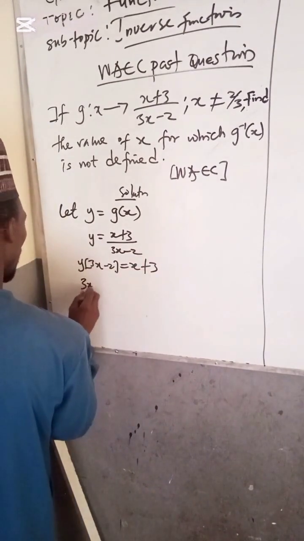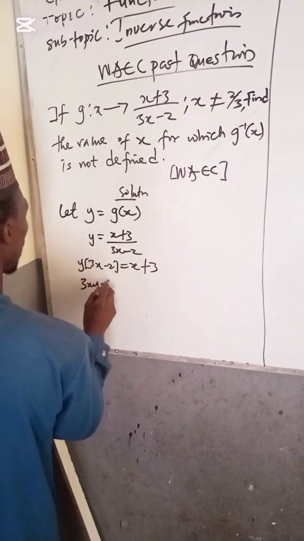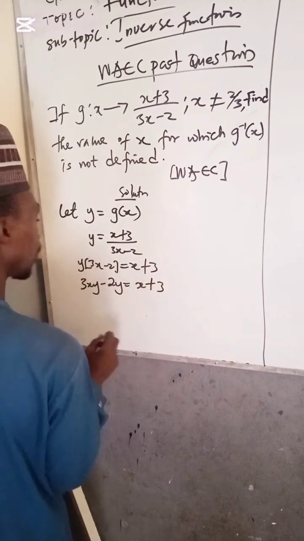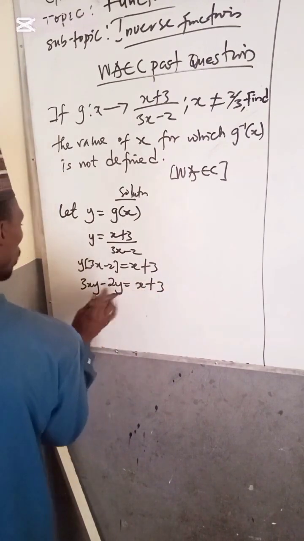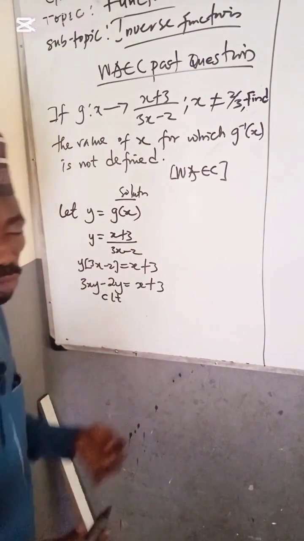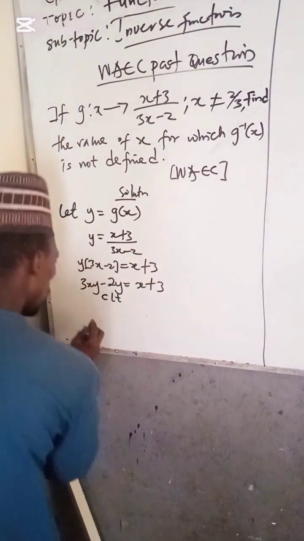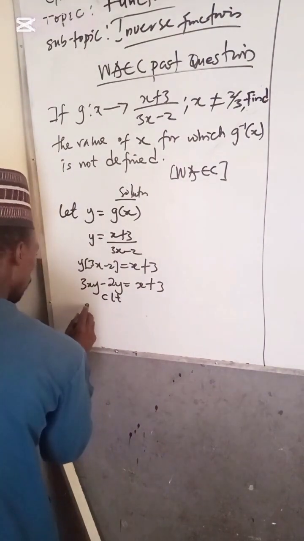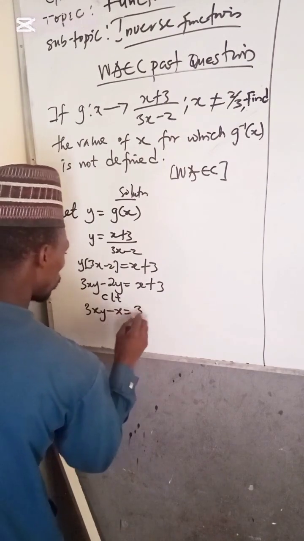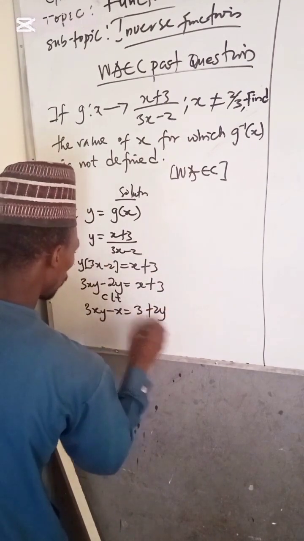So we have 3xy minus 2y is equal to x plus 3. Now, collect like terms because you are trying to make x subject of the formula. So we are having 3xy minus x is equal to 3 plus 2y.